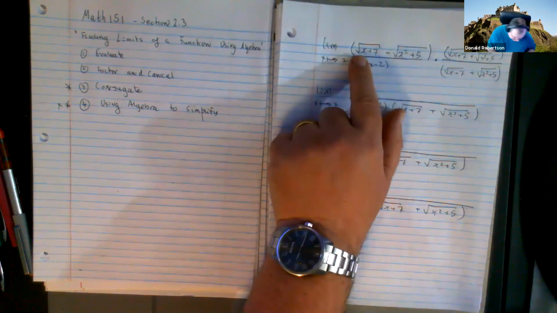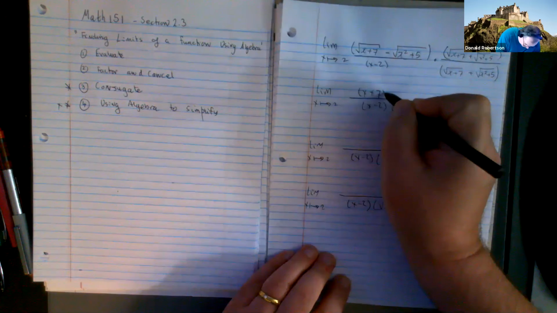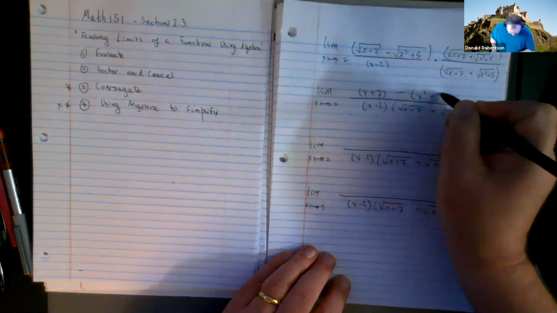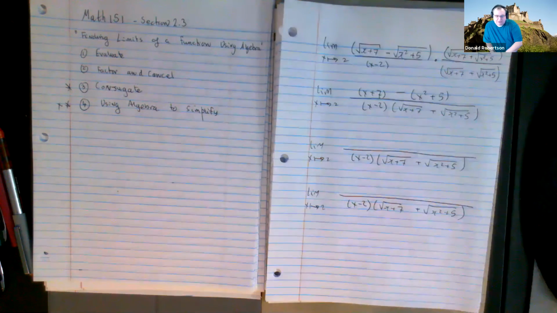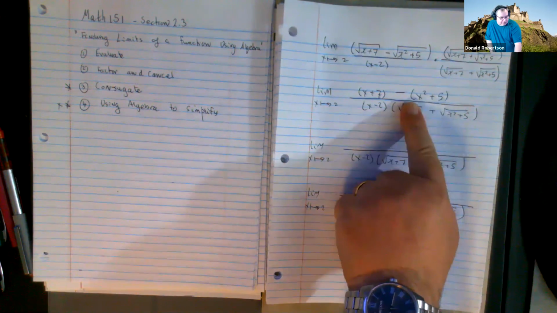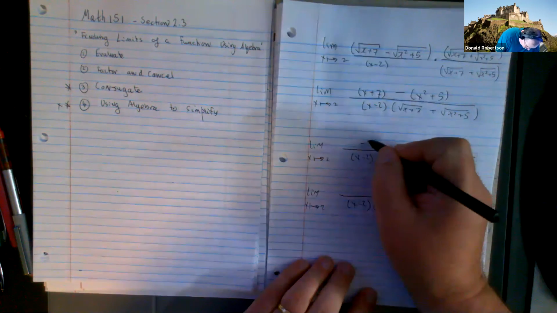So this guy times himself gets you x add 7, take away this guy times himself, x squared plus 5. So the first mistake you may have made is right here by not recognizing that both of these are being subtracted.